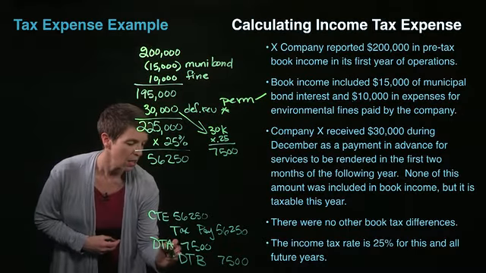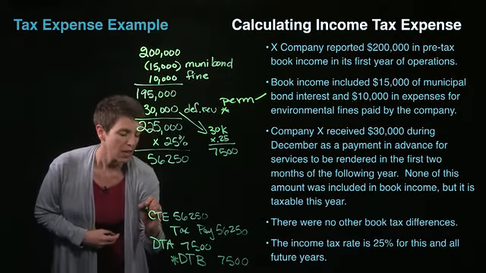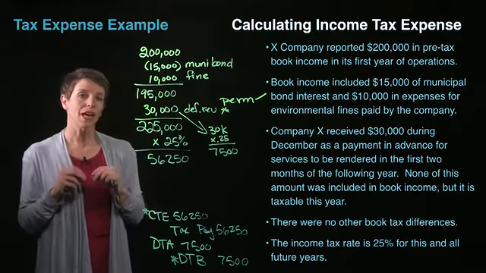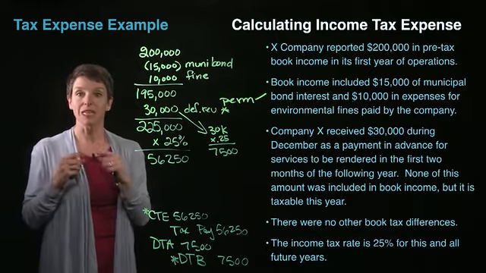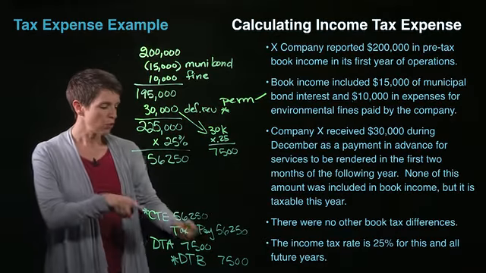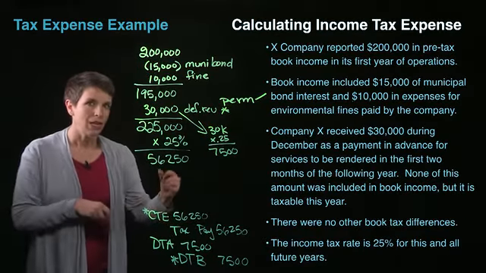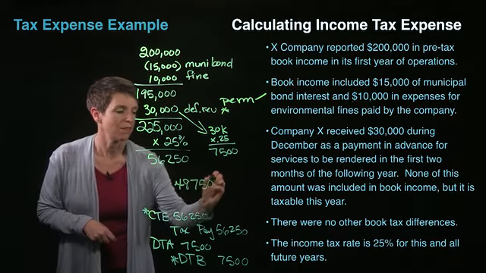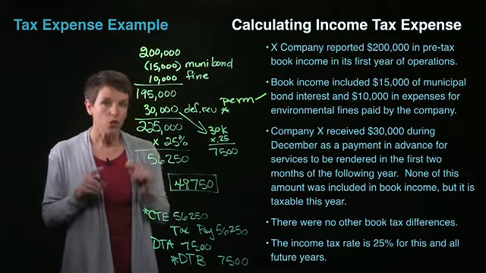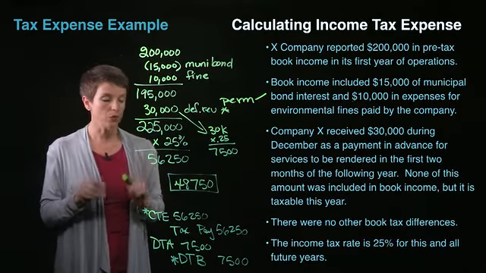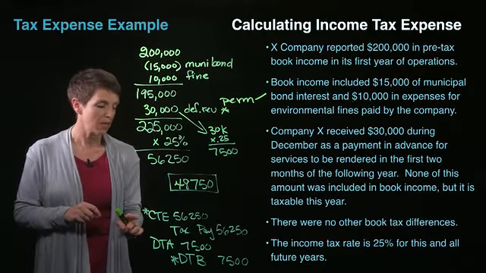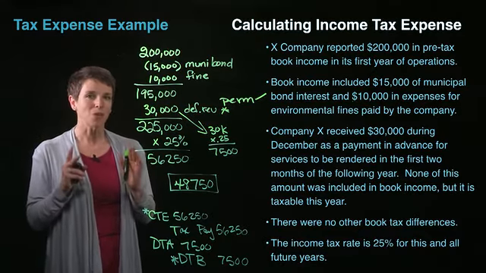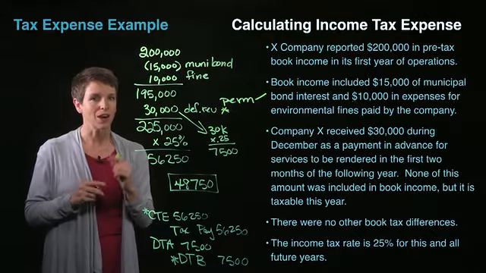And again, the benefit and the expense together make my total tax expense for my income statement. Those two numbers together equal $48,750. That's the amount of total tax expense. It includes both my current tax expense and my deferred tax benefit. And here's a really fun way to just double check that we got this right.